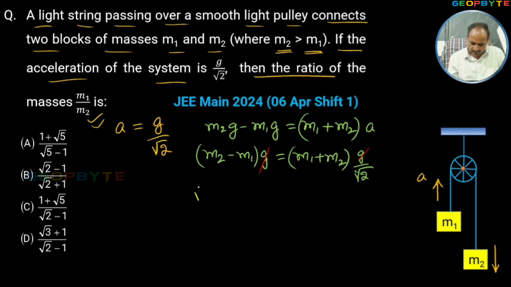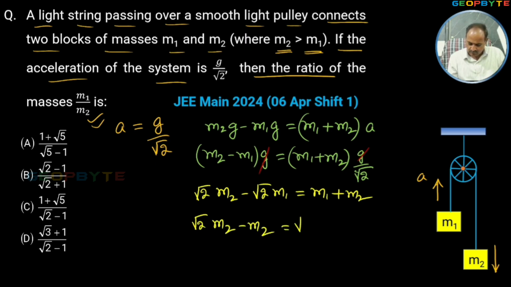Finally, it is root 2 m2 minus root 2 m1 is equal to m1 plus m2. Root 2 m2 minus m2 is equal to root 2 m1 plus m1. Let me write the m2 outside: m2 times (root 2 minus 1) is equal to m1 outside times (root 2 plus 1).